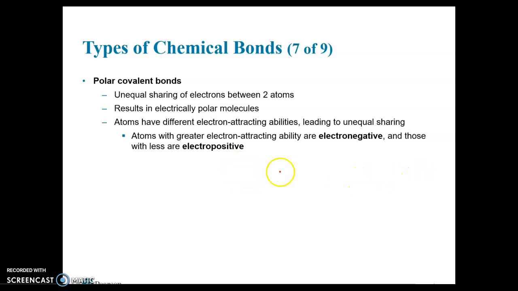For atoms that are more electronegative, that means that they have a stronger hold or a stronger ability to attract electrons than other atoms. Oxygen is a very electronegative atom, for example, and hydrogen is more electropositive.